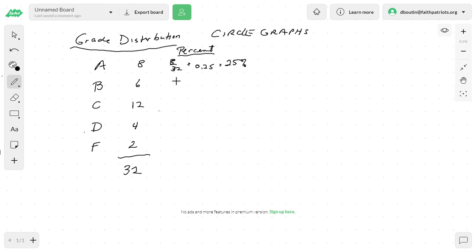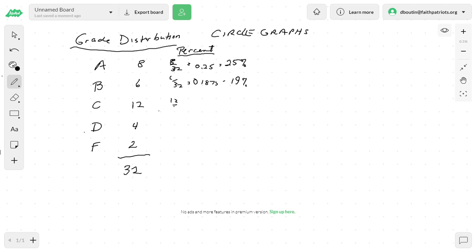Then we have 6 students out of the 32, which is 0.1875, approximately 19%. Let's just round to the nearest whole percent here.